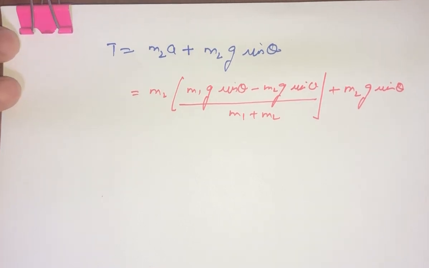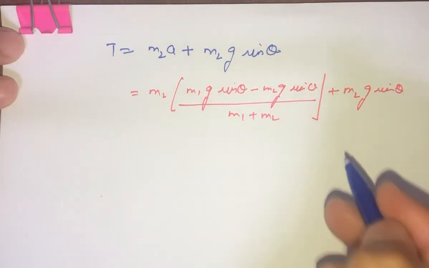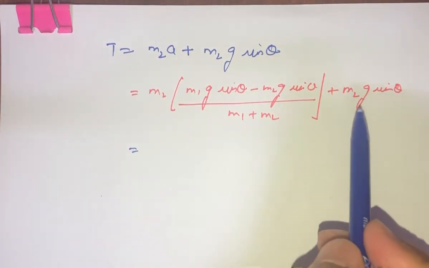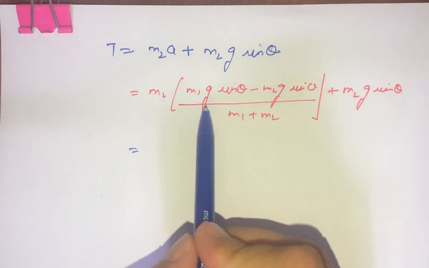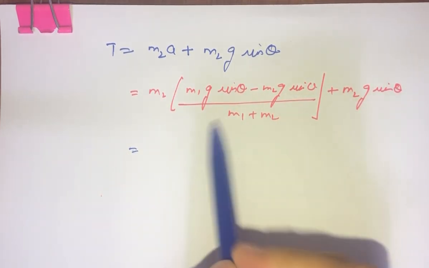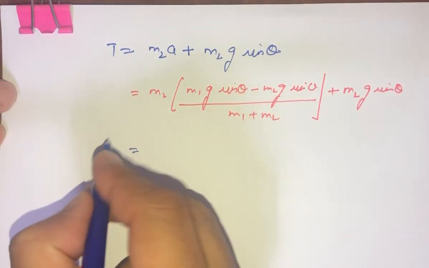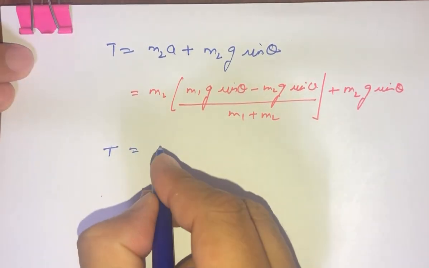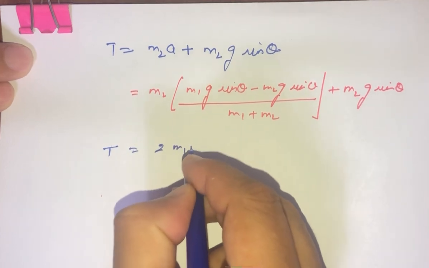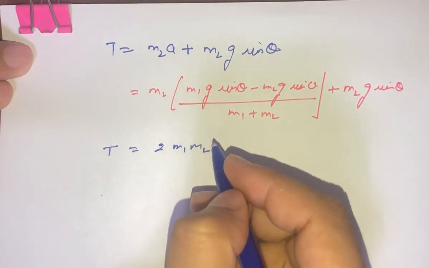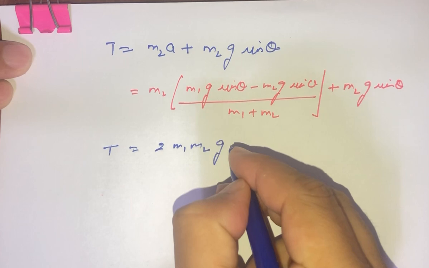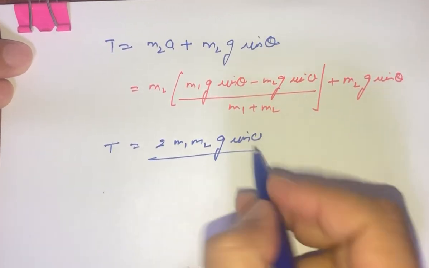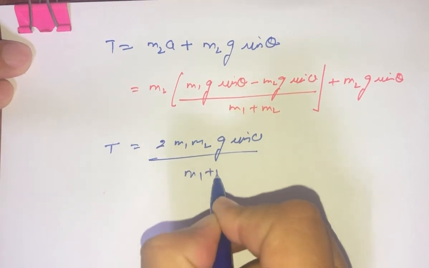If you want, we can solve it further also. We have to take the LCM, and if we solve this further, finally tension will be equal to twice m1 m2 g sine of theta divided by m1 plus m2.